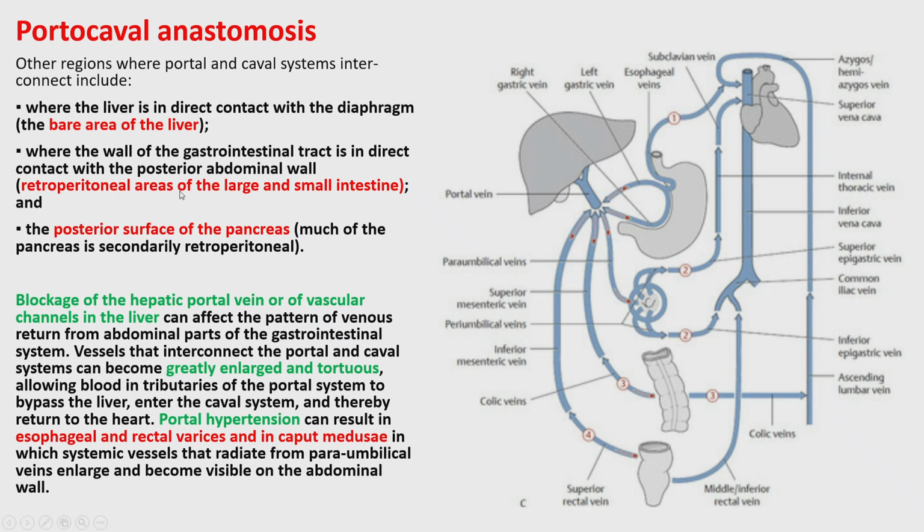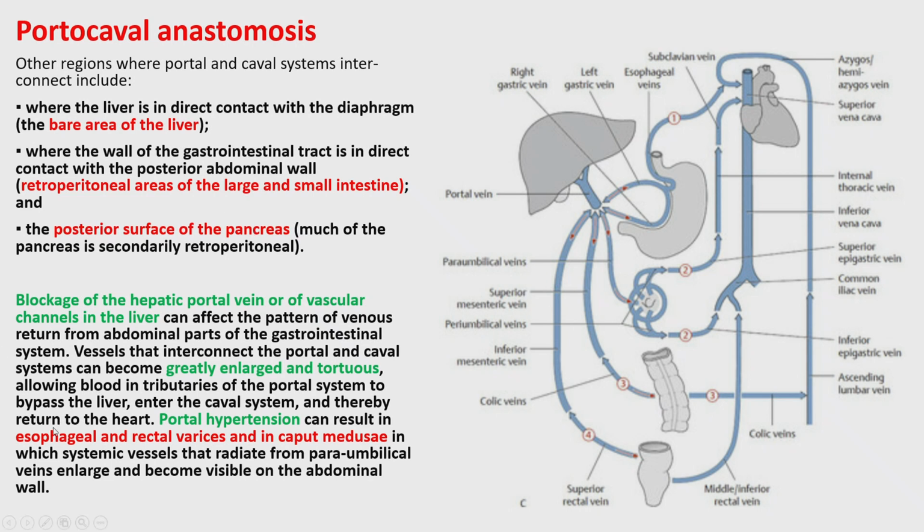Also the retroperitoneal area of the large and small intestine, for example the ascending colon and descending colon, and some small part of the duodenum which is located retroperitoneally, and the posterior surface of the pancreas, which is a secondary retroperitoneal organ. These are another three portocaval anastomoses.